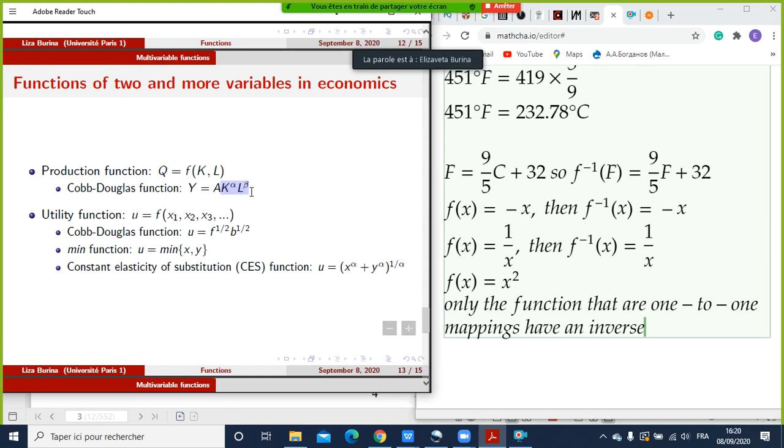It's a product of your variables raised to some powers. Here I just have alpha and beta. I have this coefficient A, which is that very technology factor in economic growth. Alpha and beta are whichever exponents, 2, 3, whatever.